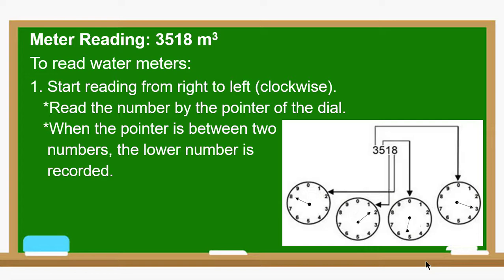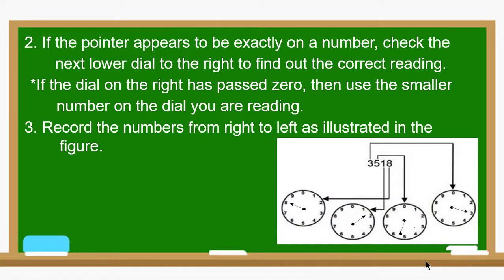To read water meters, number 1, start reading from right to left, clockwise. Read the number by the pointer of the dial. When the pointer is between two numbers, the lower number is recorded. Number 2, if the pointer appears to be exactly on a number, check the next lower dial to the right to find out the correct reading.